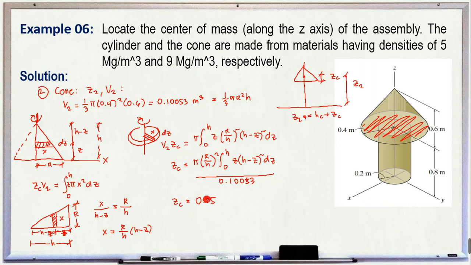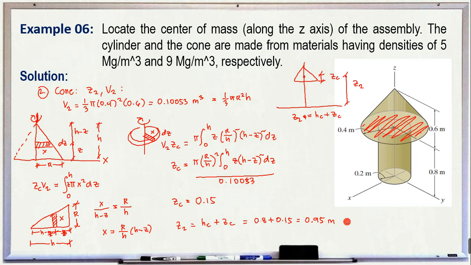We need to add this to the height of the cylinder. Therefore, Z2 is equal to the height of the cylinder plus ZC. So that is 0.8 plus 0.15, we have 0.95 meters. That is Z2.